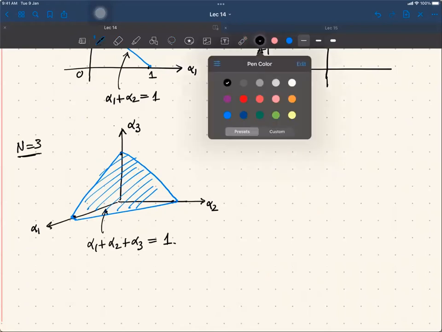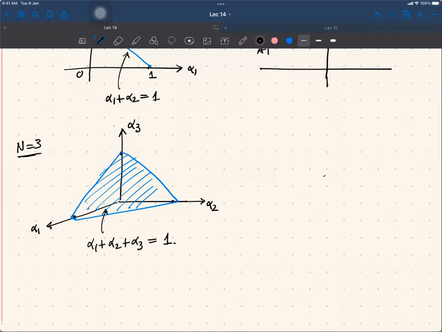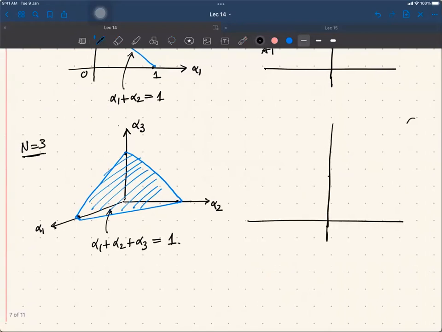And if you look at the complex plane, on the other hand, you have three complex numbers A1, A2, and A3, and the convex hull is this triangle in the complex plane.